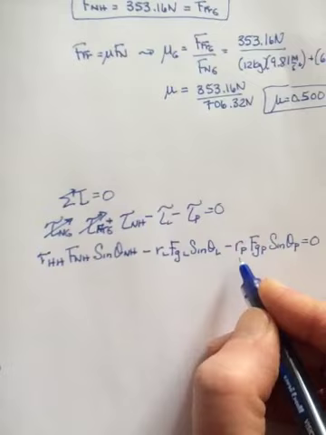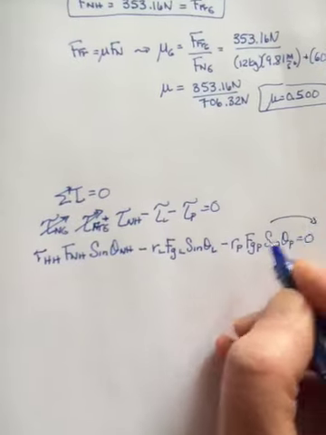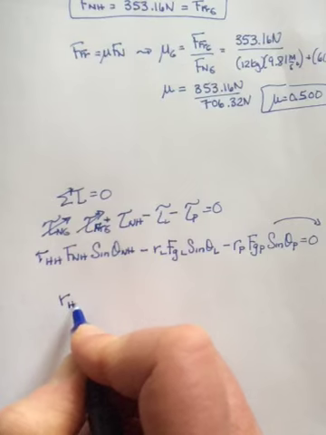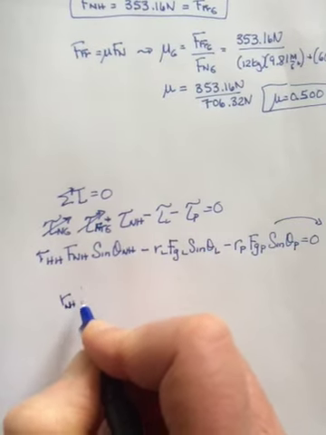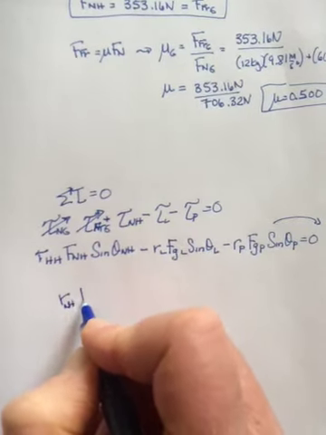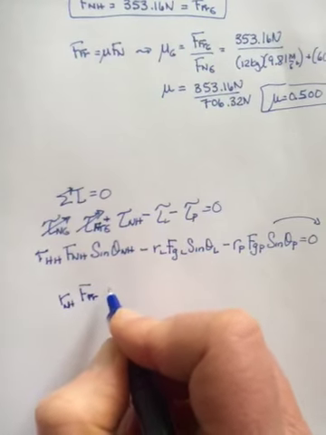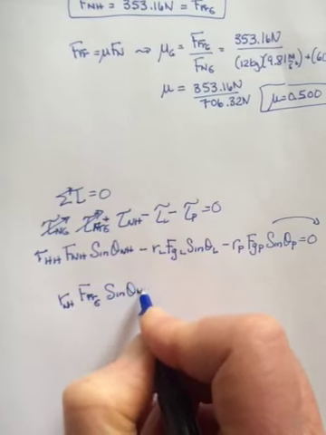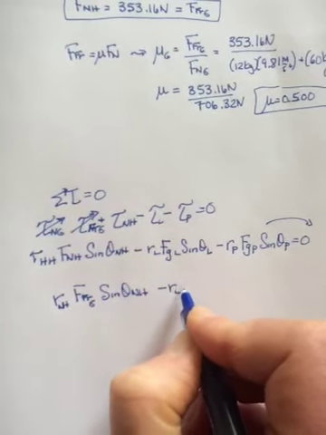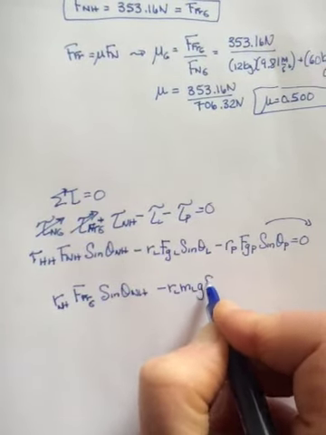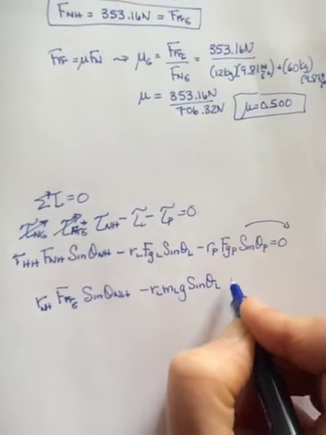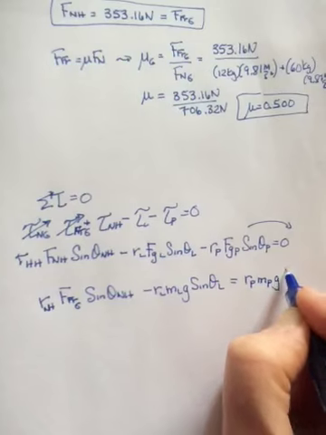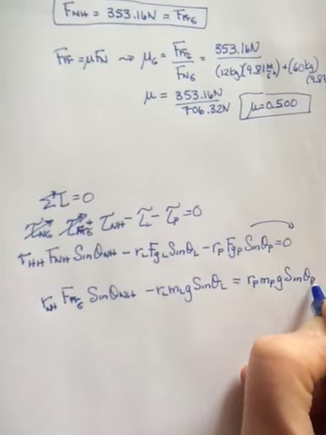This time we're solving for R of the person, so I take this whole term over. So this would become R normal of the house, and F normal of the house is really friction of the ground, sine theta normal of the house, minus R of the ladder, M of the ladder, G, sine theta of the ladder, and that's going to be equal to R of the person, M of the person, G, sine theta of the person.